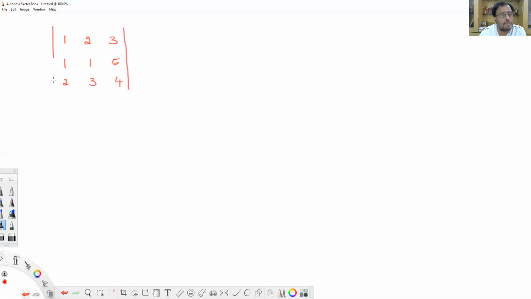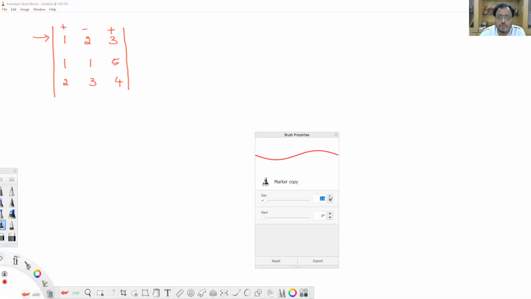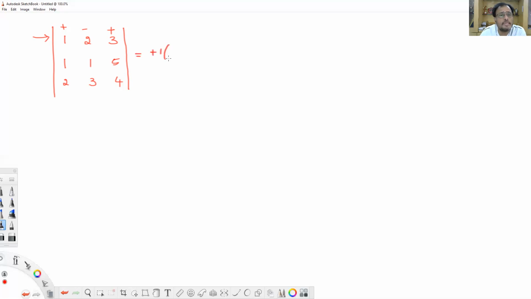First we expand by using the first row. The signs are plus, minus, plus. First I'm going to expand along the first row. Plus 1 into the determinant with row and column deleted, 4 minus 15.